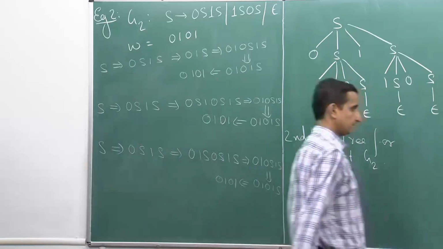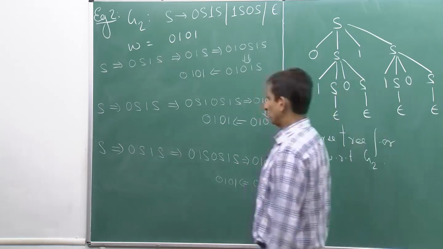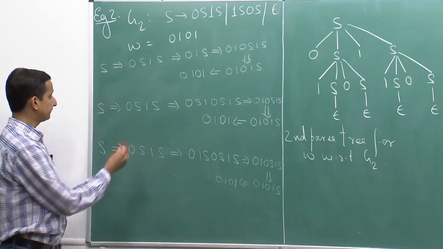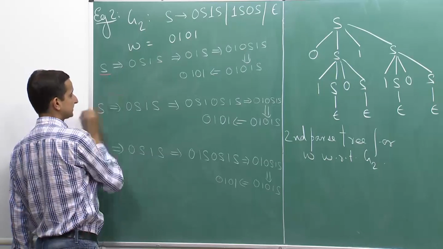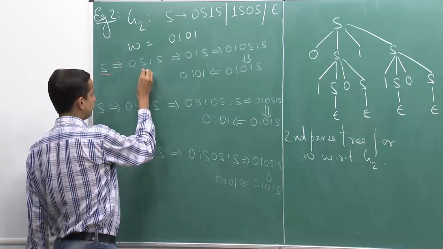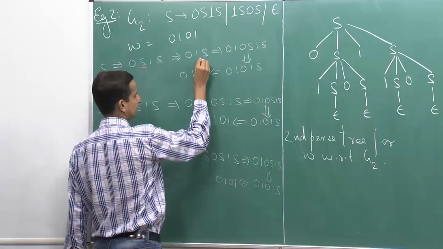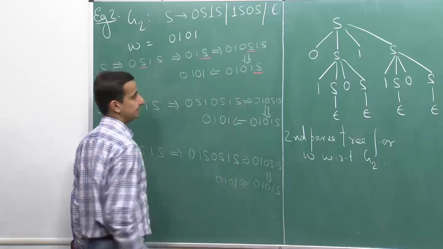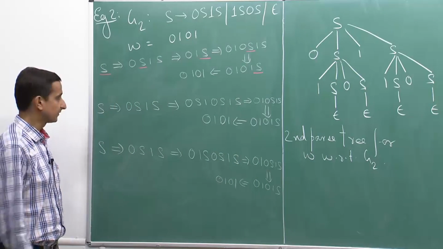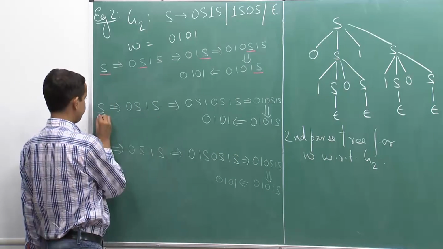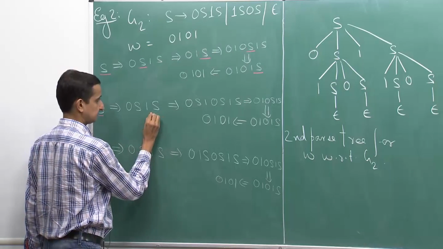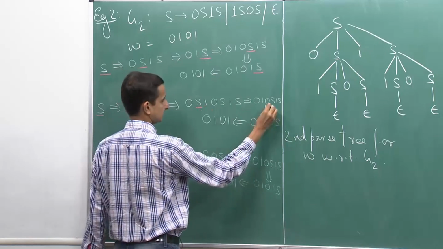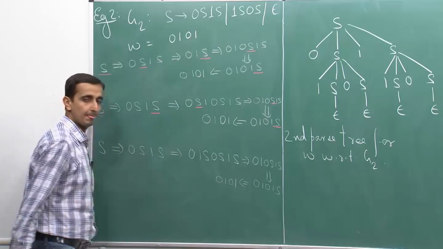If I have to mark which variables get replaced in each step, here are the variables. In the first derivation, first this S gets replaced, then I replace the first S with epsilon, then I replace this S, then this S, and finally this S. In the second derivation, first I replace this, then this S, then this, this, and finally this.